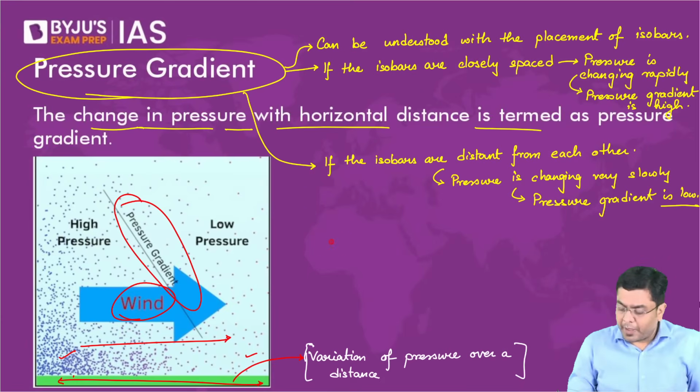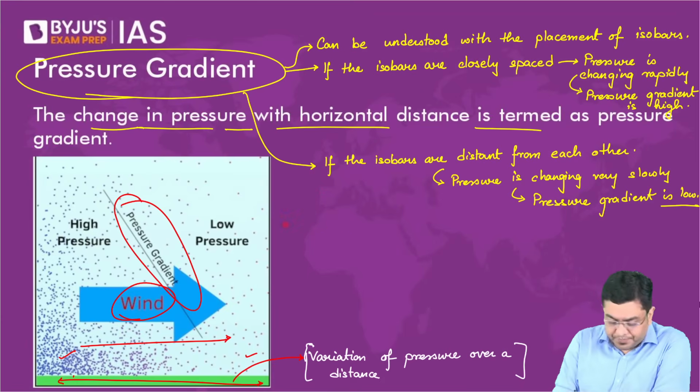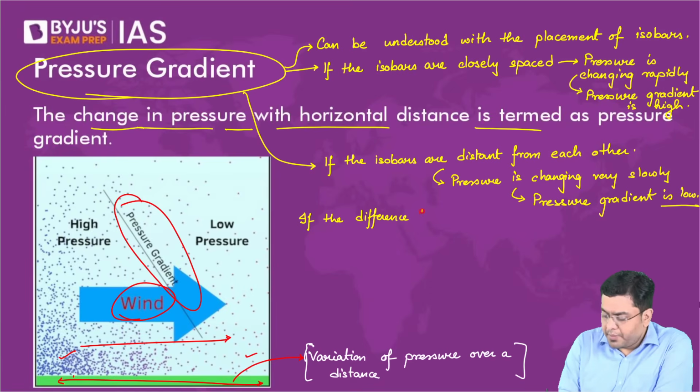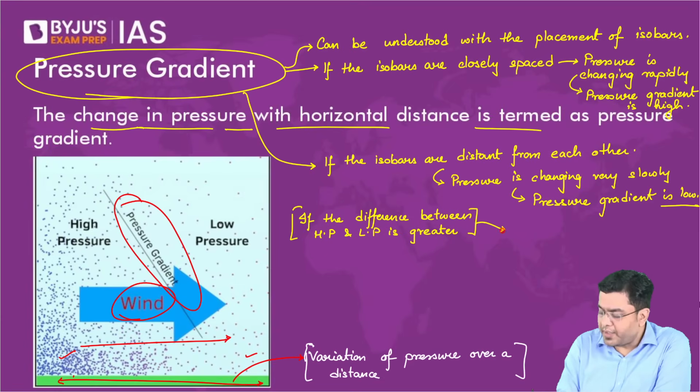So we can conclude here by saying that if the difference between high pressure and low pressure is greater, it means the pressure gradient is high.